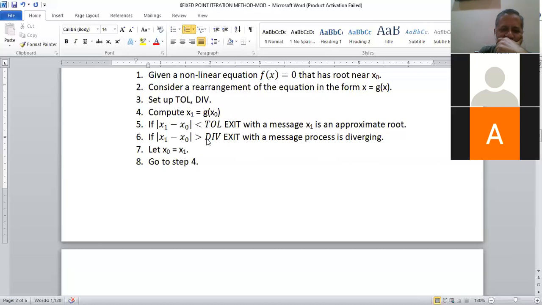If neither tolerance nor divergence is achieved, then relabel the new calculated x1 value as the old value and go to step 4 again. So this is perhaps the simplest of the algorithms that we have considered up to now.